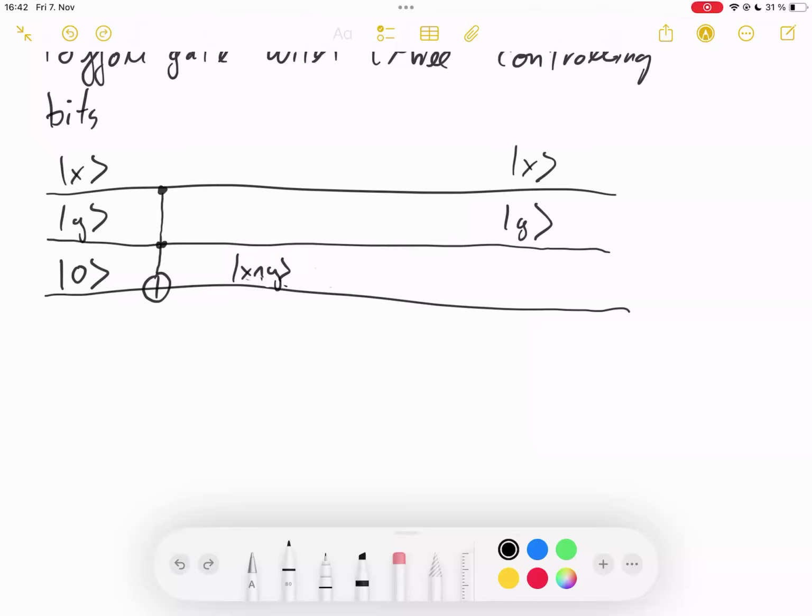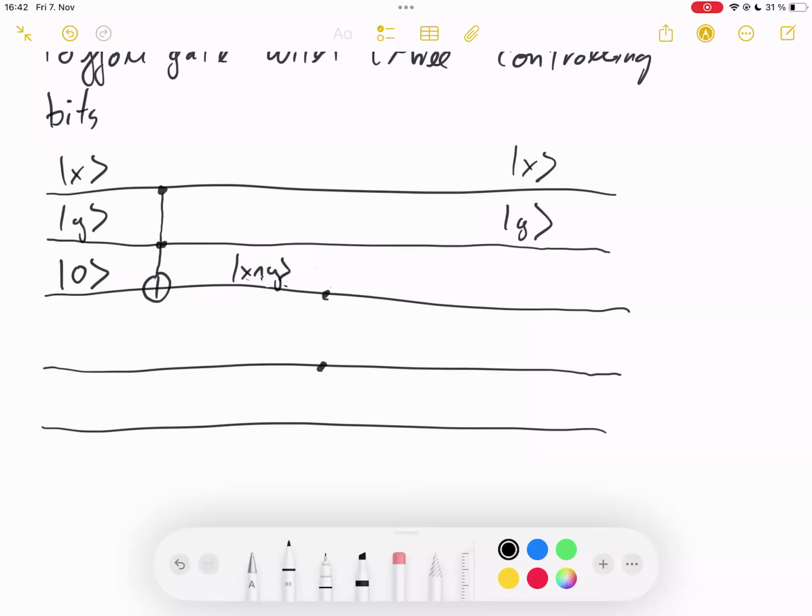So I'm putting here another Toffoli gate. I have another Toffoli gate here. I call this Z and W. And eventually this Z will just stay as is.